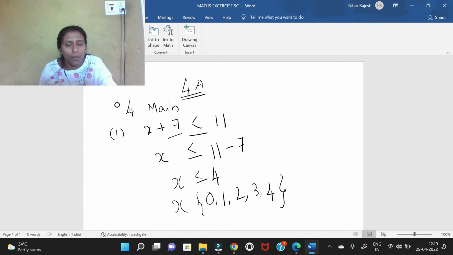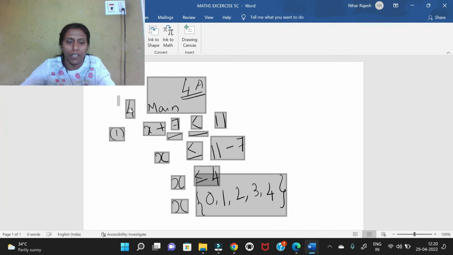Because it is less than or equal to, and it is also a whole number, our solution is that x can be 0, 1, 2, 3 or 4. That's it. Now let's move ahead with the second question.